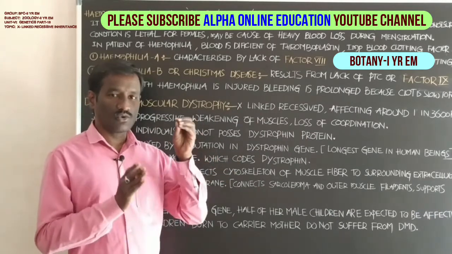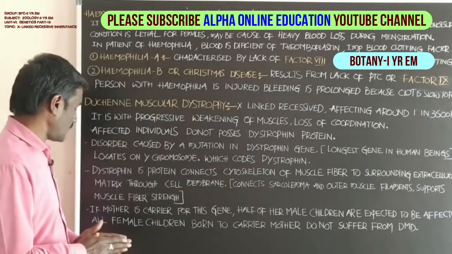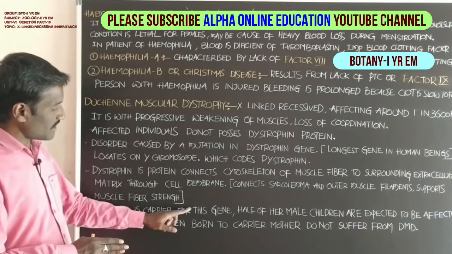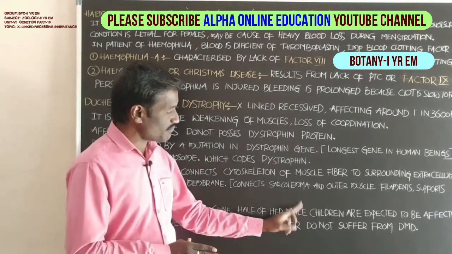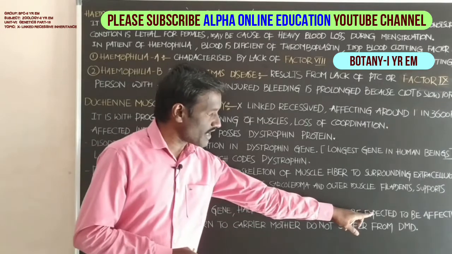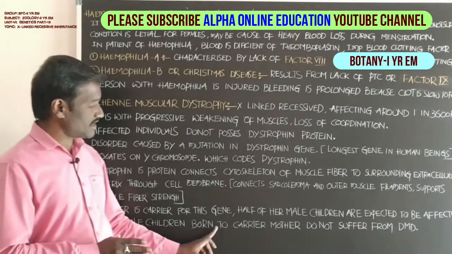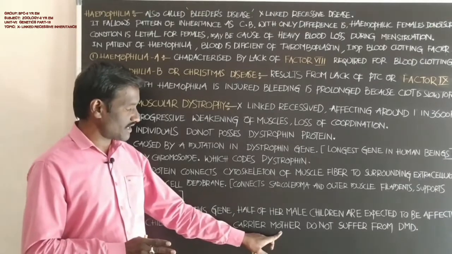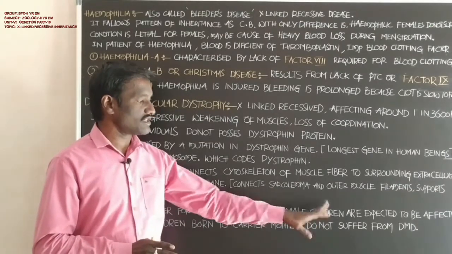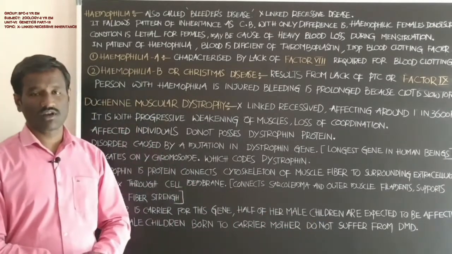If the mother is a carrier for this gene, half of the male children are expected to be affected. All female children born to a carrier mother do not suffer from Duchenne muscular dystrophy.